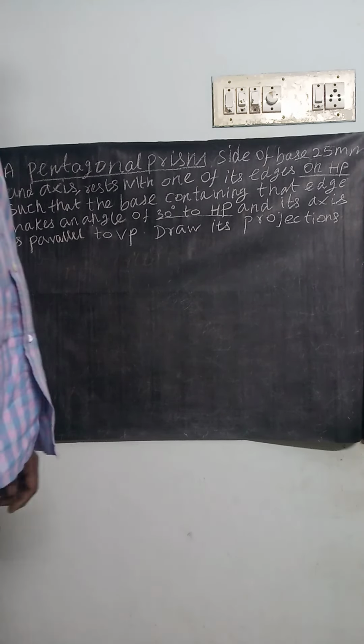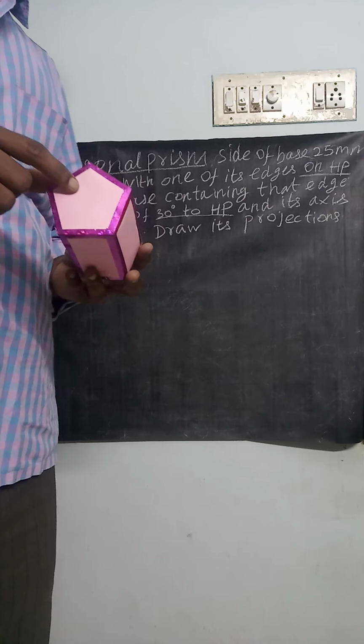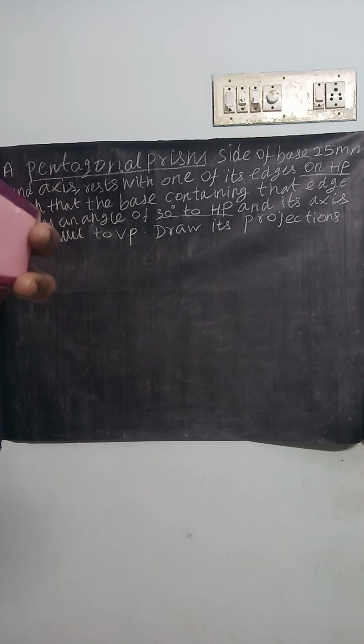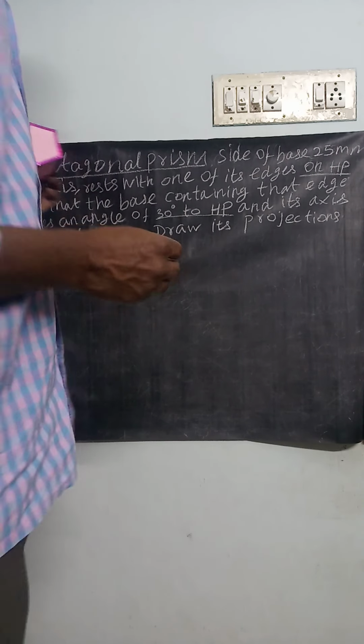So the given problem is a pentagonal prism, and the side is 25 mm. The prism rests on one of its edges, with a 30 degree angle to HP, and the axis is 50 mm long.